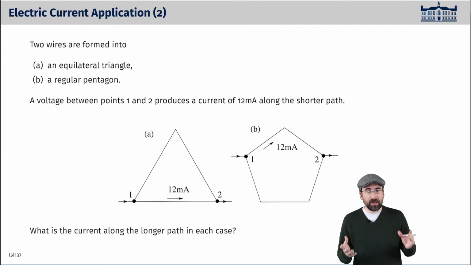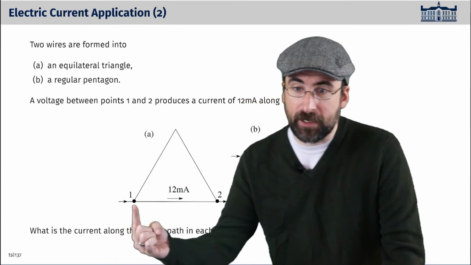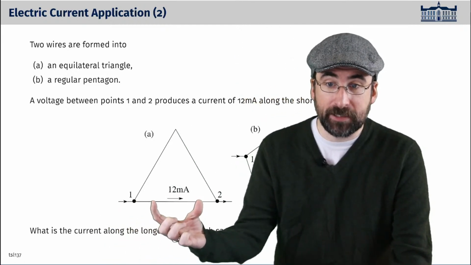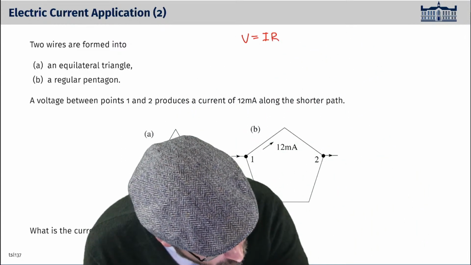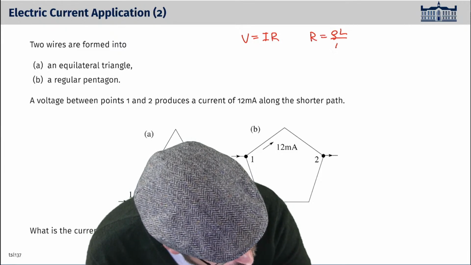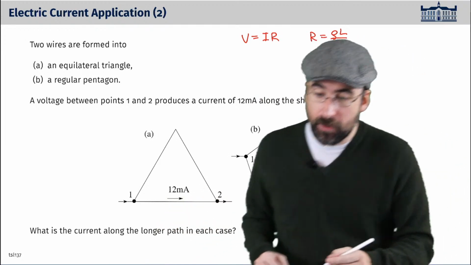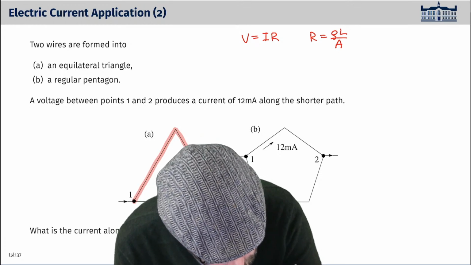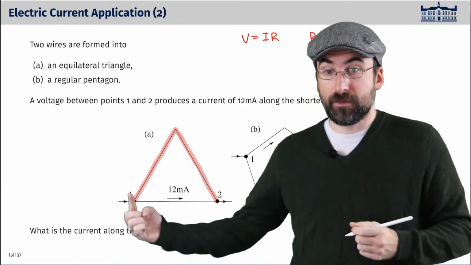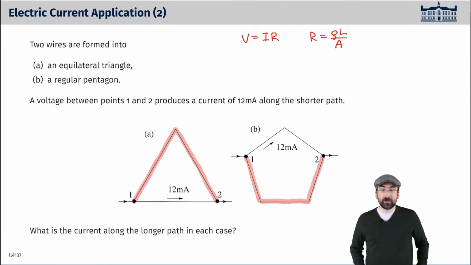You can assume the wires all have the same cross-sectional area, but the general idea is that you are given the current in one of these, and so you'll want to use a combination of V equals IR and R equals rho L divided by A to figure out how much current is along the longer path in each one of these cases. So that's this path and that path, given the information you have here.